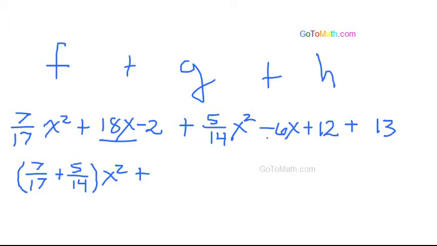We have 18x minus 6x, and that looks like that's the only terms in here that are like. So what is that going to be? 12x. And then we got the negative 2 plus 12 is 10, and then plus 13 is going to be 23. Right?